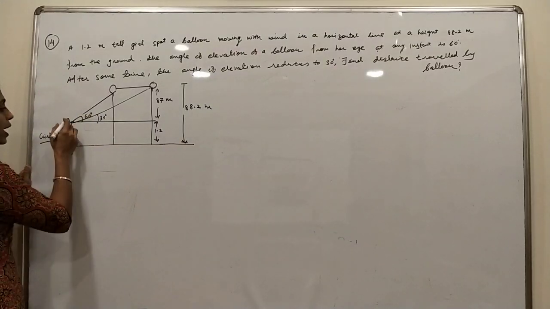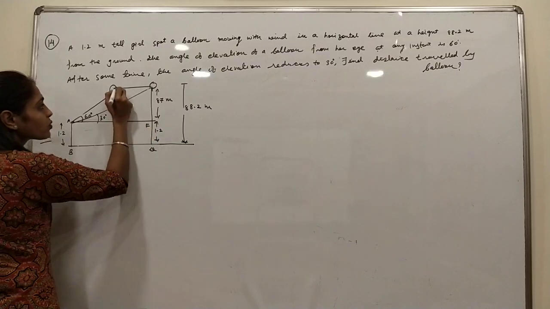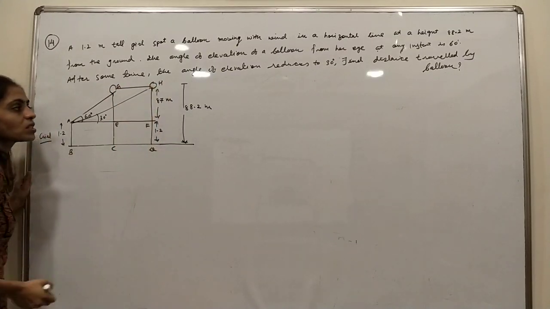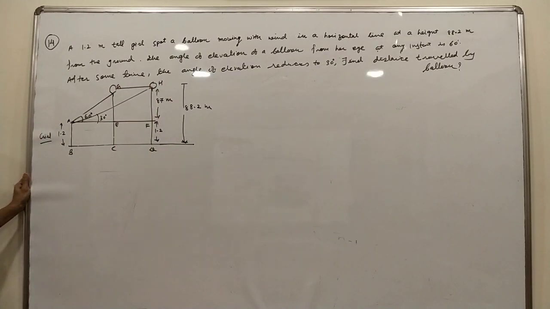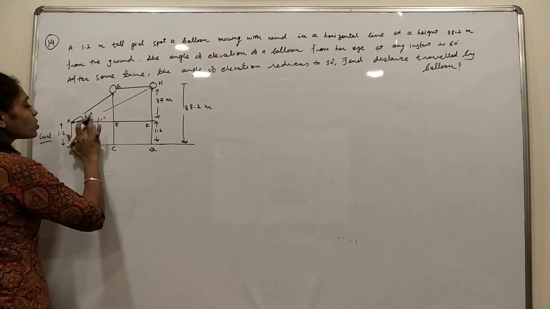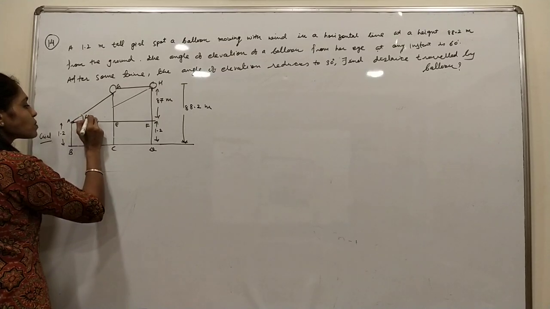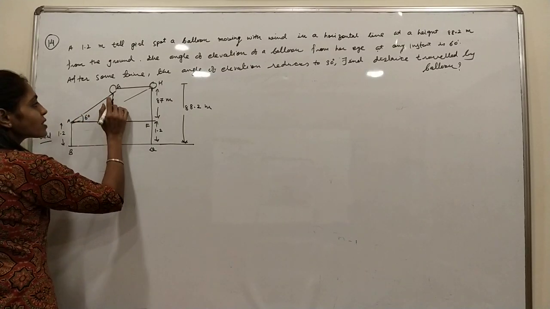Now naming the points A, B, C, D, E, F, G and H. Wherever the angle is, take that triangle. First of all, 60 degree. This is 60 degree, the angle of elevation, and the height is 87.